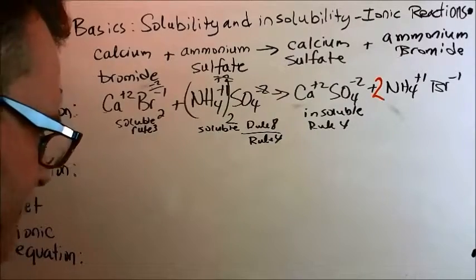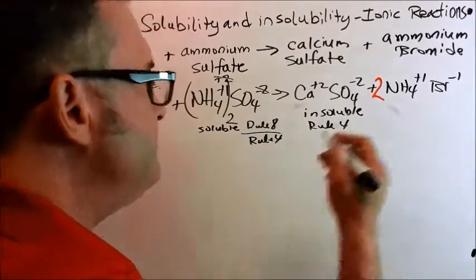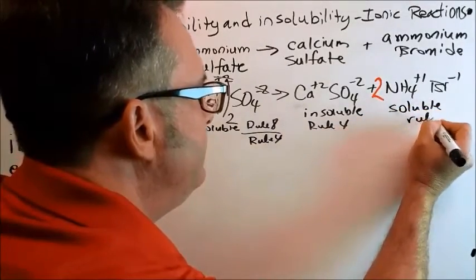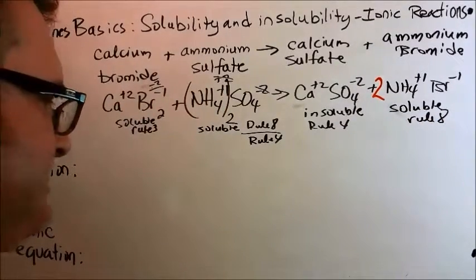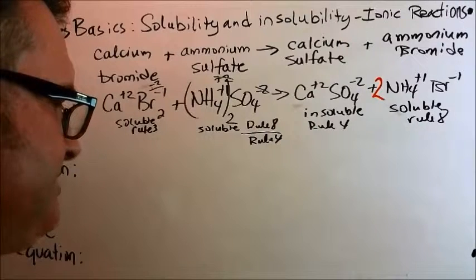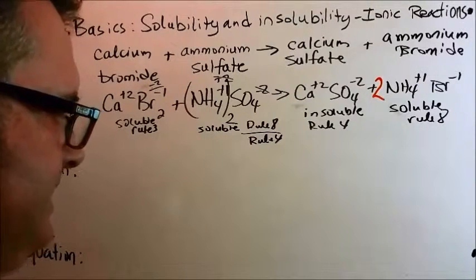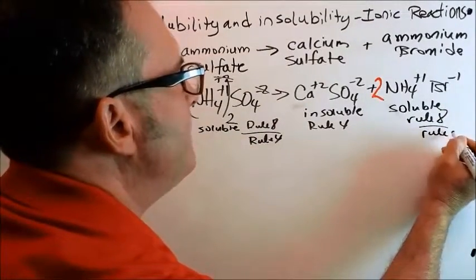Remember again that those that have ammonium are soluble, and so that's Rule 8. And this is a bromide, and all of these are soluble except for silver, lead, and mercury. So actually this is also soluble by Rule 3.